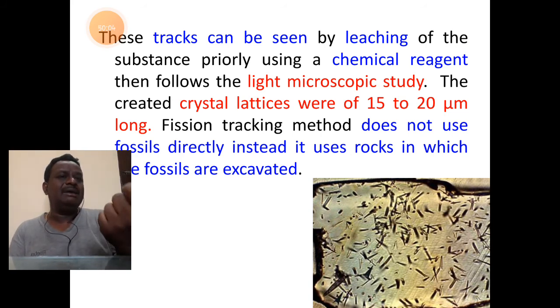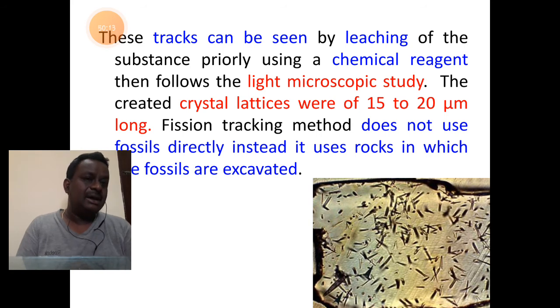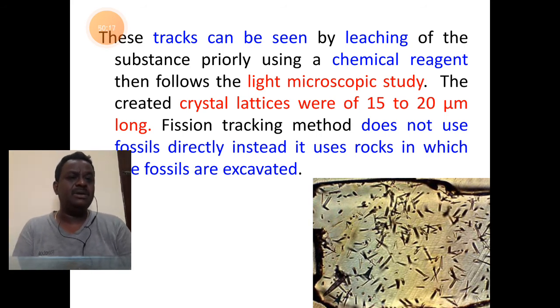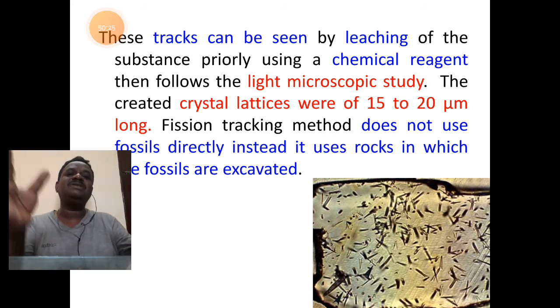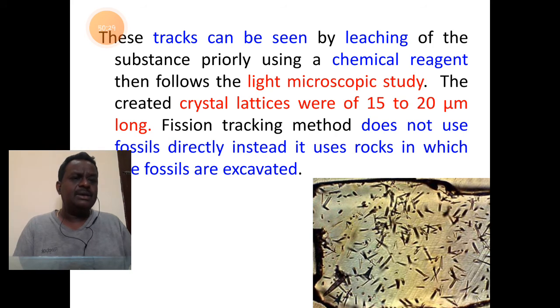Crystal lattice tracks 15 to 20 micrometers long can easily be detected by this method. The fission track method makes use of the rock but not the fossil, because in the rock this fissionary process can form the tracks, not in the fossil.